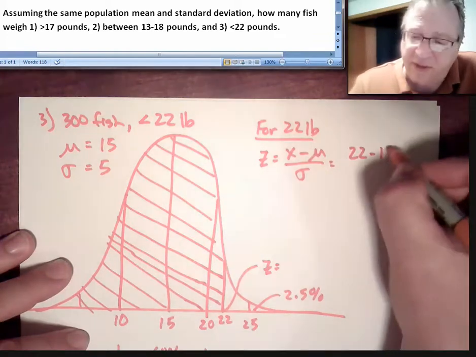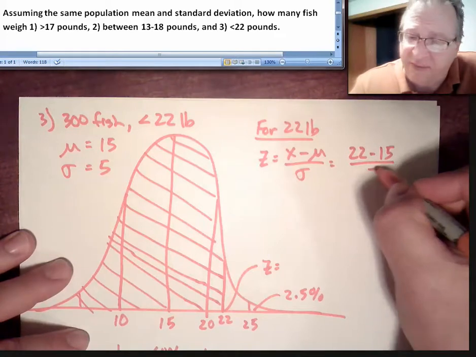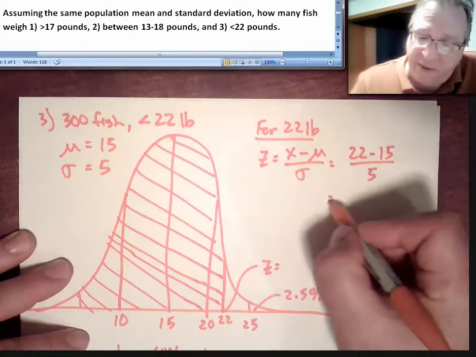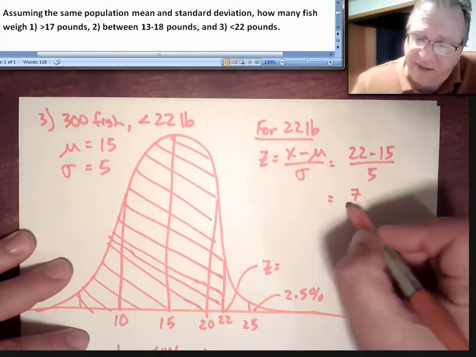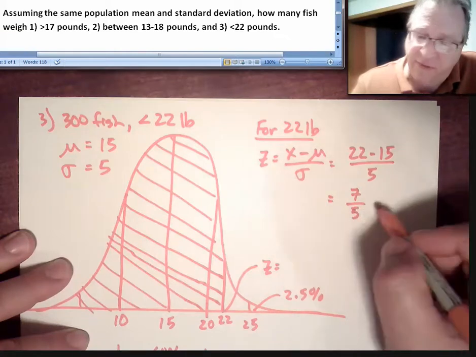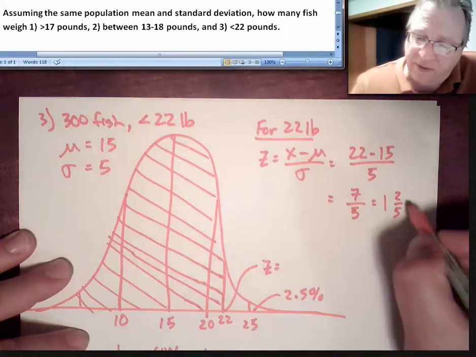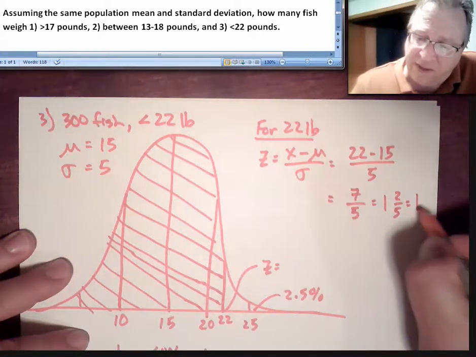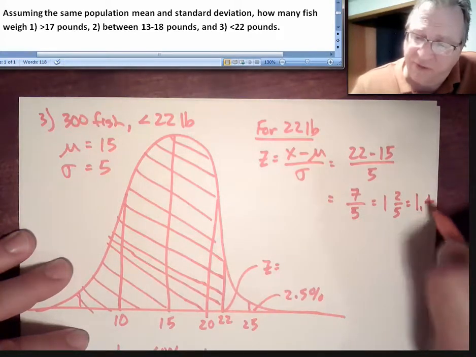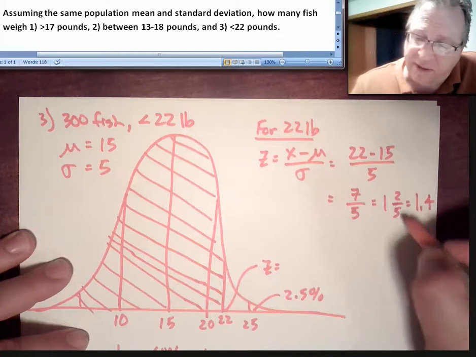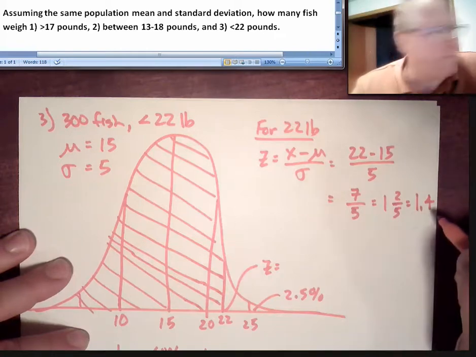We subtract the mean, which is 15, divide by 5. And what do we get? We get 7/5, which is 1 2/5, which equals 1.4. Yes, that's 1.4.